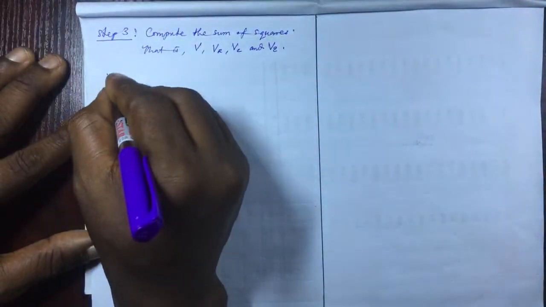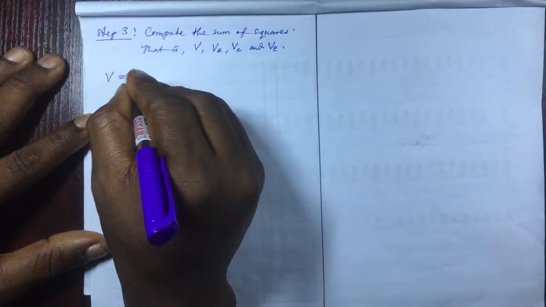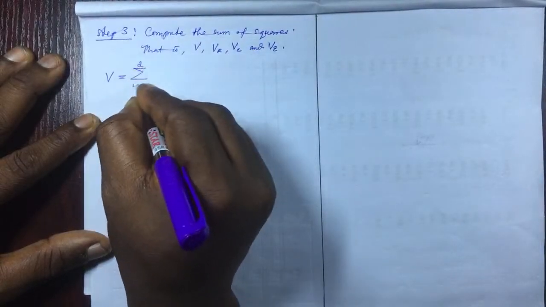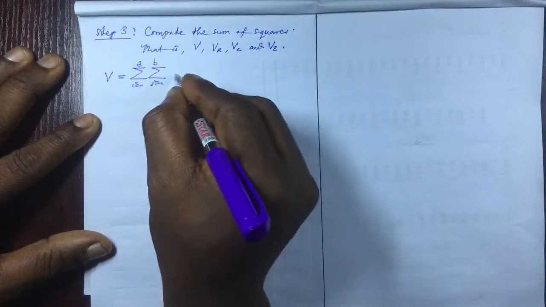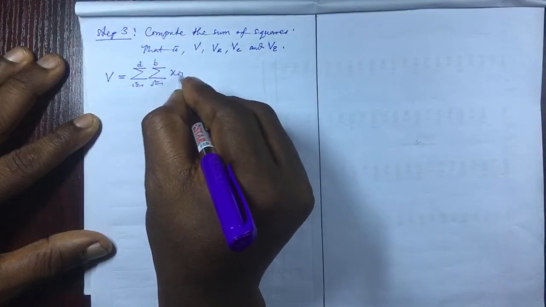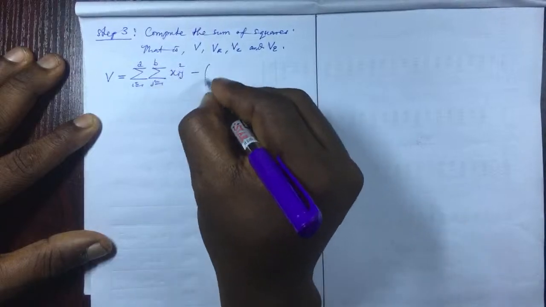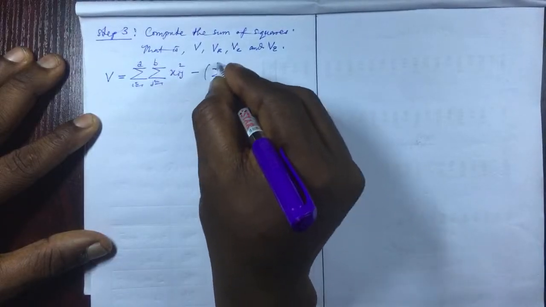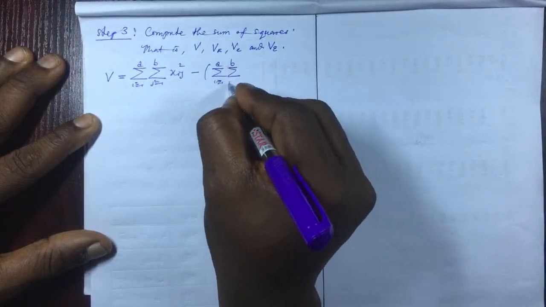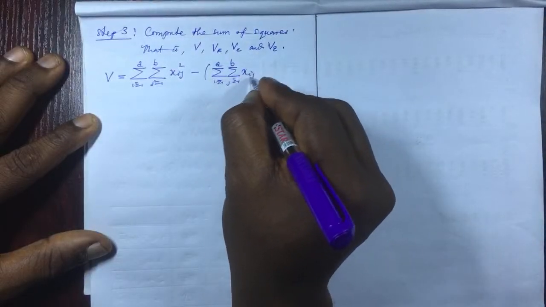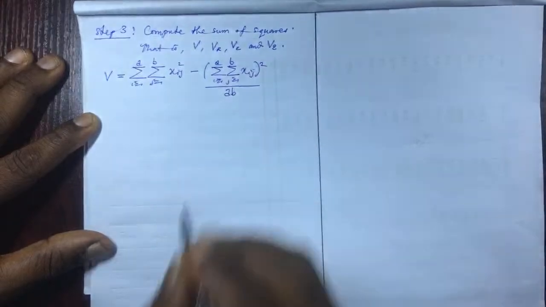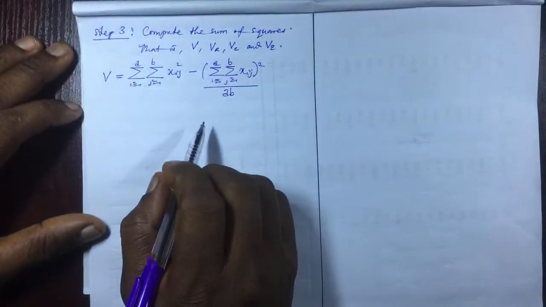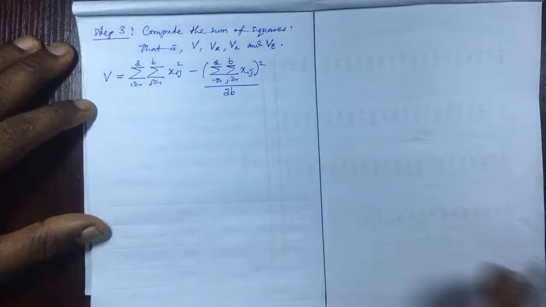So for V, I will be computing the summation from I equals 1 to A, summation from J equals 1 to B, Xij squared, minus the double summation in bracket, from I equals 1 to A, J equals 1 to B, Xij, all squared, all over A, B, where A represents the number of treatments and B represents the number of blocks.